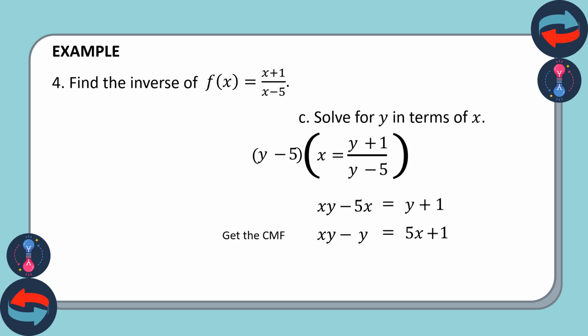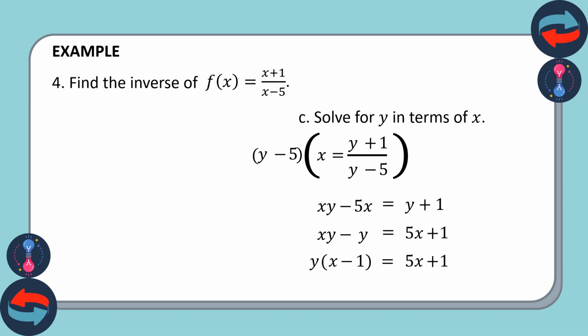We now get the common monomial factor of xy minus y. That is equal to y, and the other factor is x minus 1. Then copy the equation 5x plus 1.